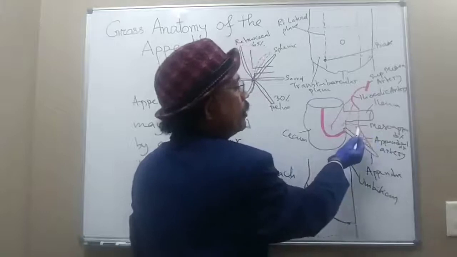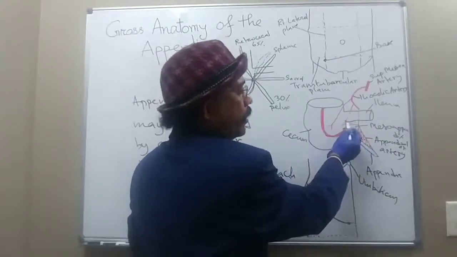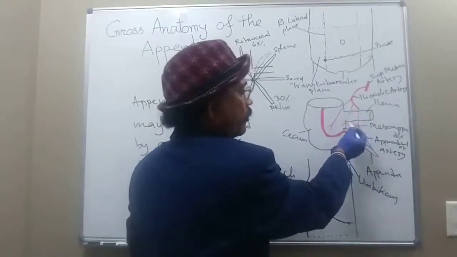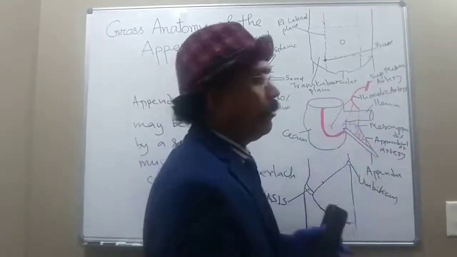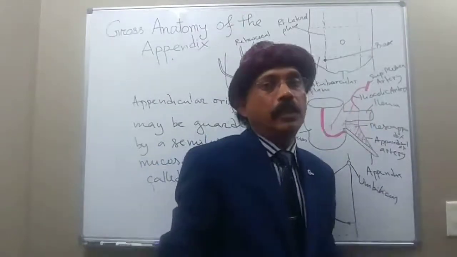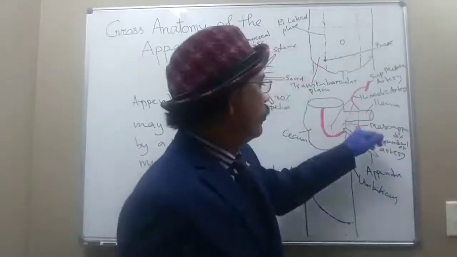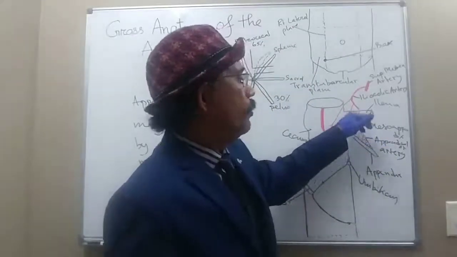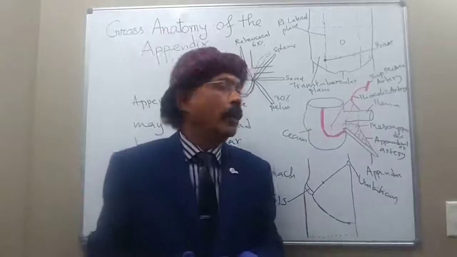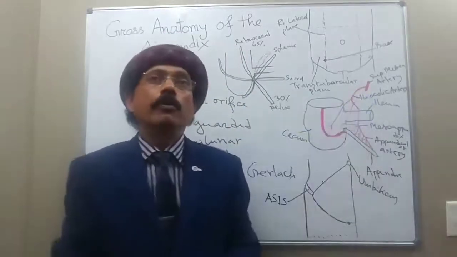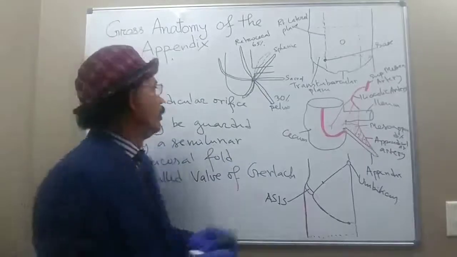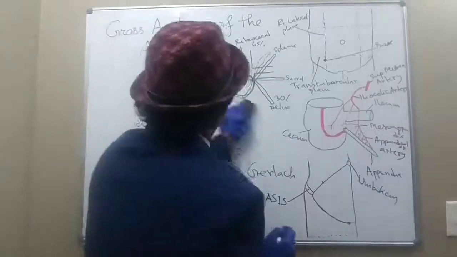One of the branches of the appendicular artery usually anastomoses with the posterior colic artery. So the appendicular artery is not exactly an end artery because it has anastomosis with the posterior colic artery. There is also a branch of the ileocolic artery. Okay, we got the blood supply.